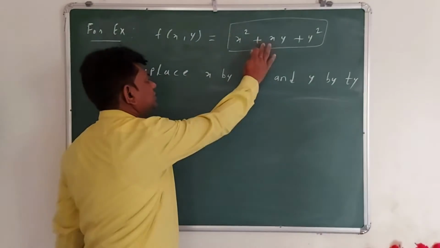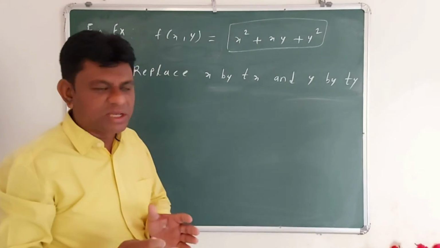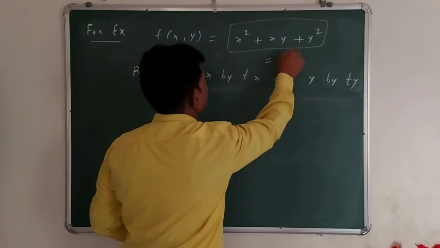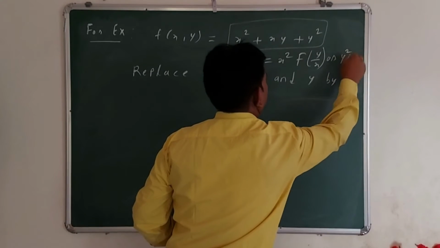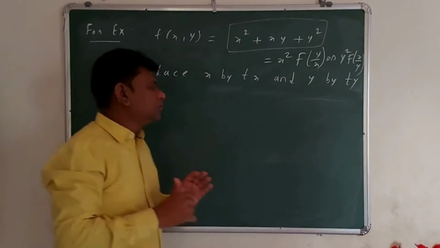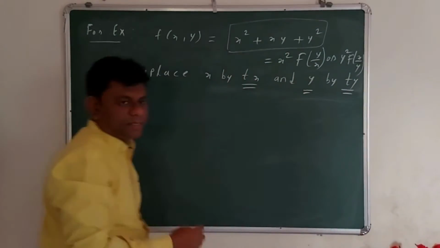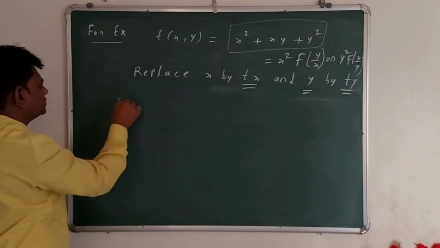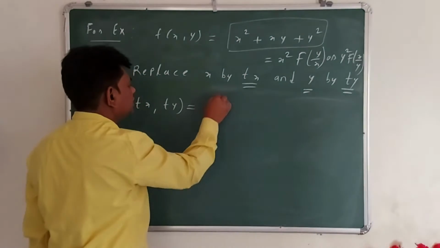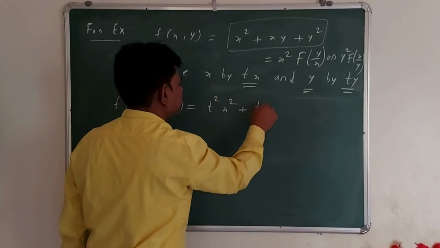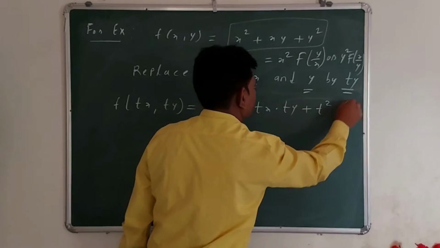Now we know that this is the homogeneous function of degree 2 because all its terms are of the same degree, or it can be written in the form of x square times f of y by x, or y square times f of x by y. Now here replace x by tx and y by ty. So therefore this f(x,y) now becomes f(tx,ty) equal to, now this x square becomes t square x square, plus x becomes tx, y becomes ty, and this y square becomes t square y square.